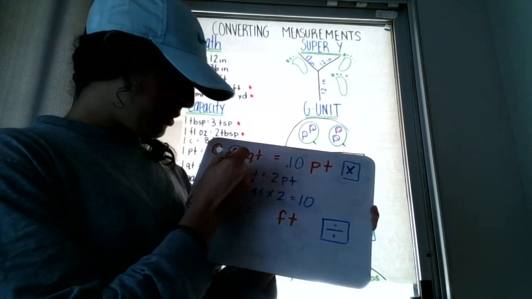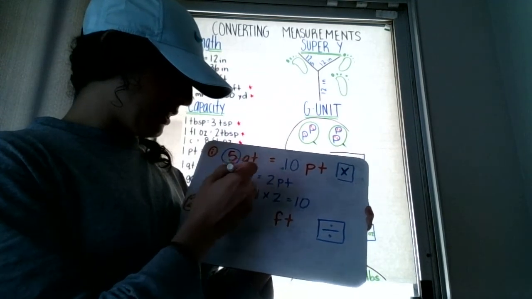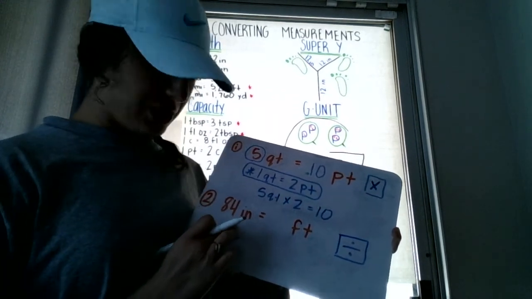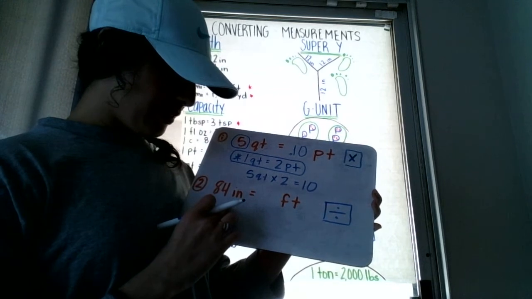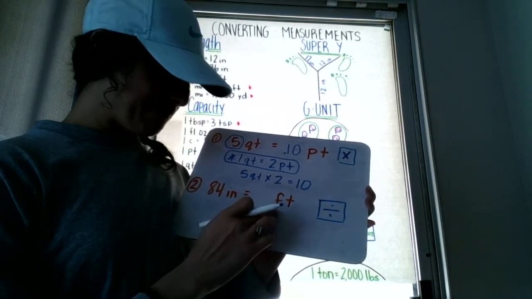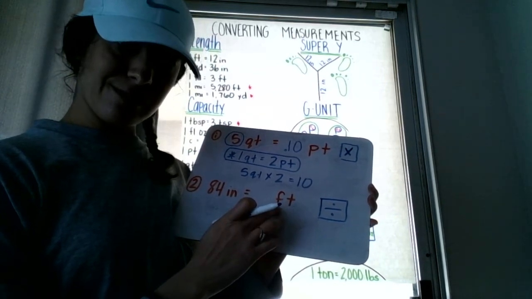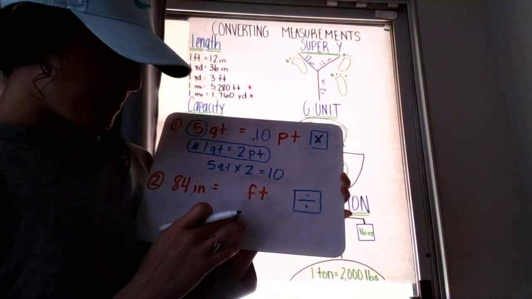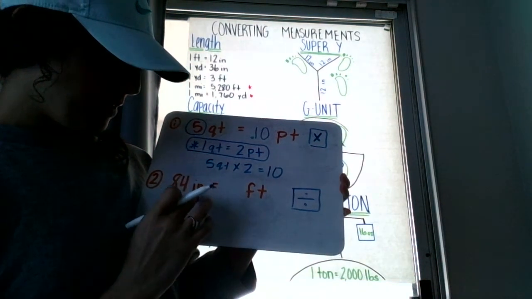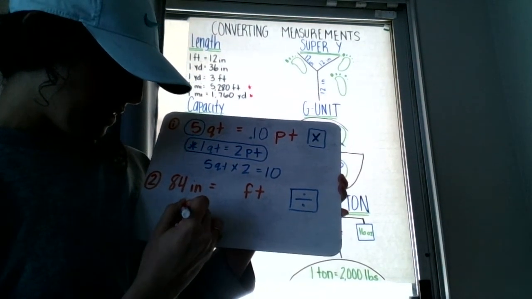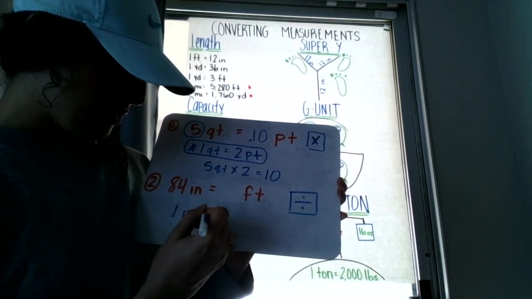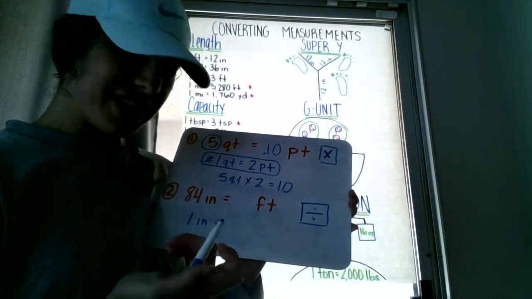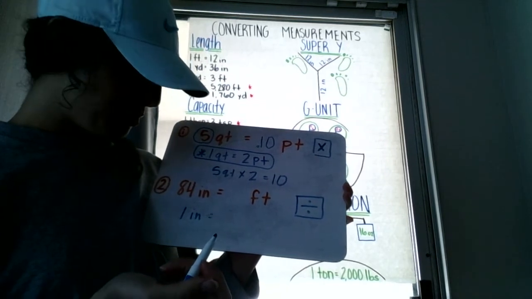So this is a very important step right here. This thinking step. So I have inches. What can I do here? If I have 1 inch, 1 inch is this tiny. There's no way there could be any feet in there. So what would I do?